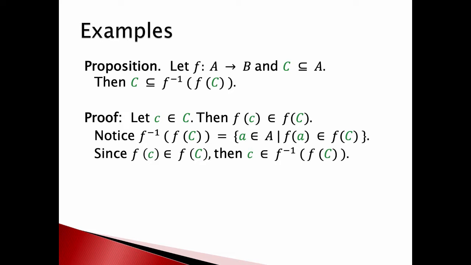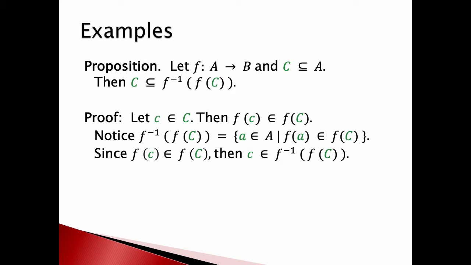Well, those were all the elements back in the domain that mapped into that set. So again, this is a little bit of just notation chasing. But if I start with an element, little c, in the domain, then f of c is obviously in the range, and it's in the image F of C. The pre-image was everything that got mapped onto f of c. Well, of course, c got mapped onto f of c because that's what f does.